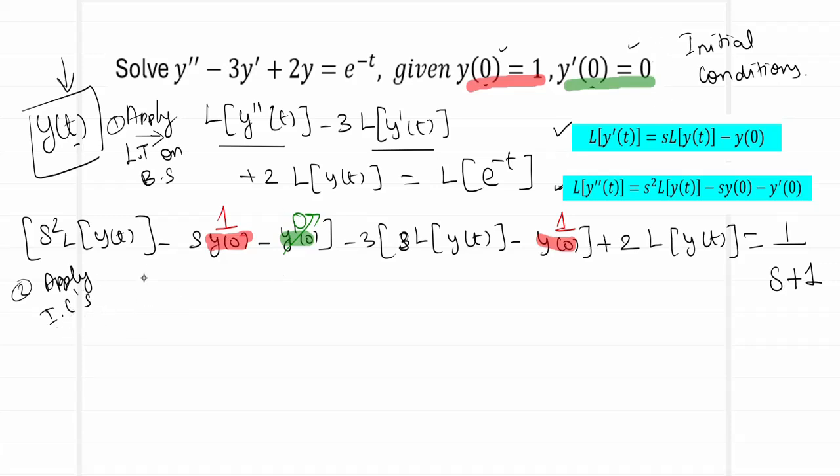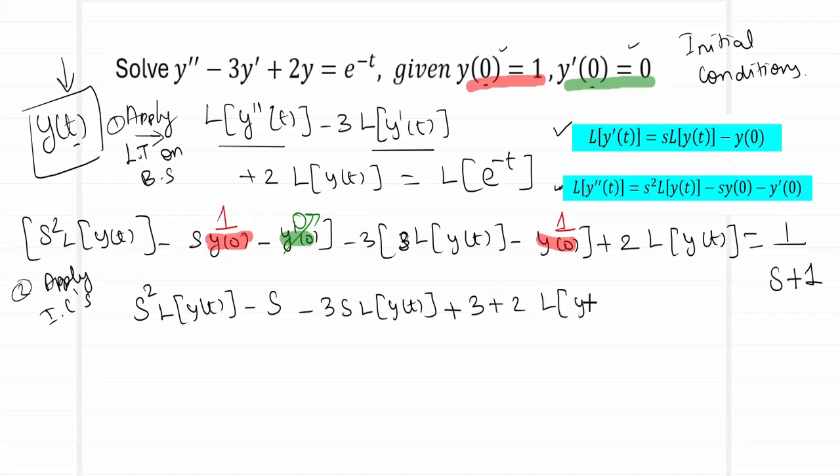After applying the initial condition, I can simplify my expression. So what will be the simplified expression? It becomes s square Laplace of y of t minus s into 1 is s, minus this has become 0. This becomes 3s Laplace of y of t, minus into minus, plus 3, plus 2 times Laplace of y of t equal to 1 divided by s plus 1.